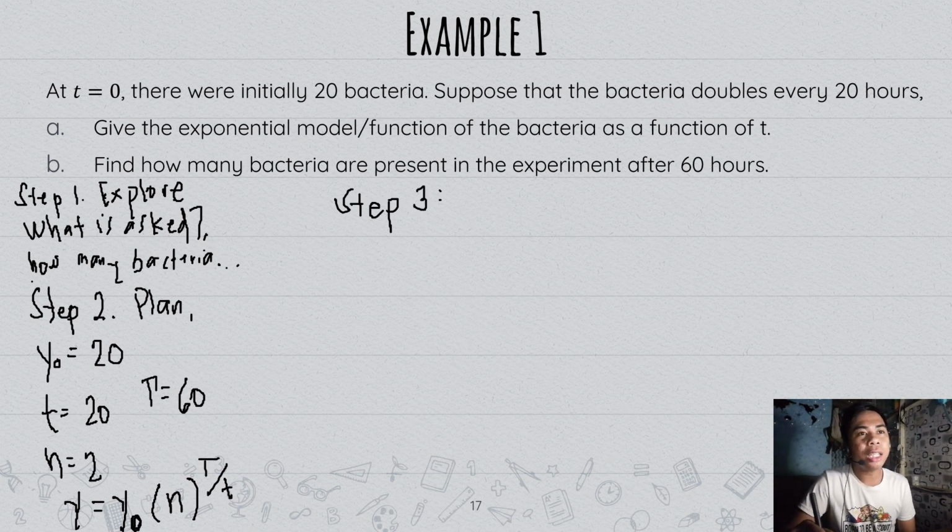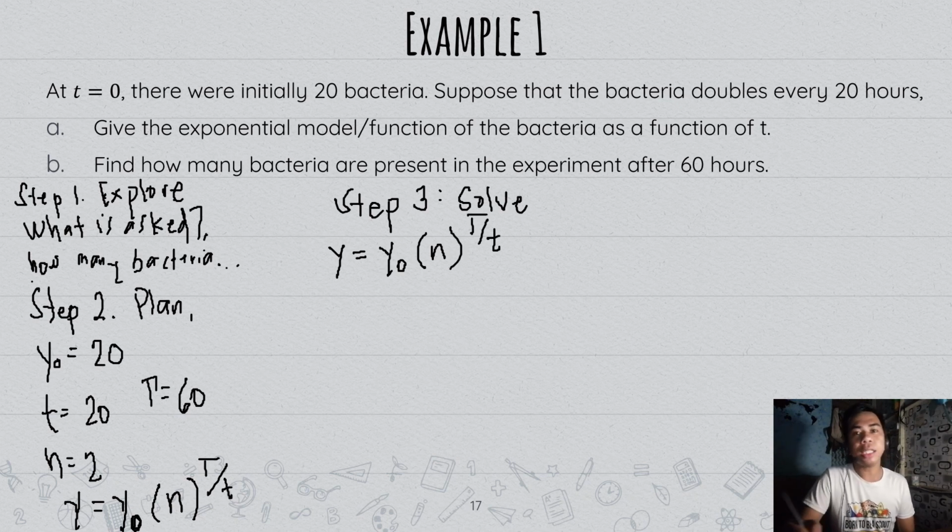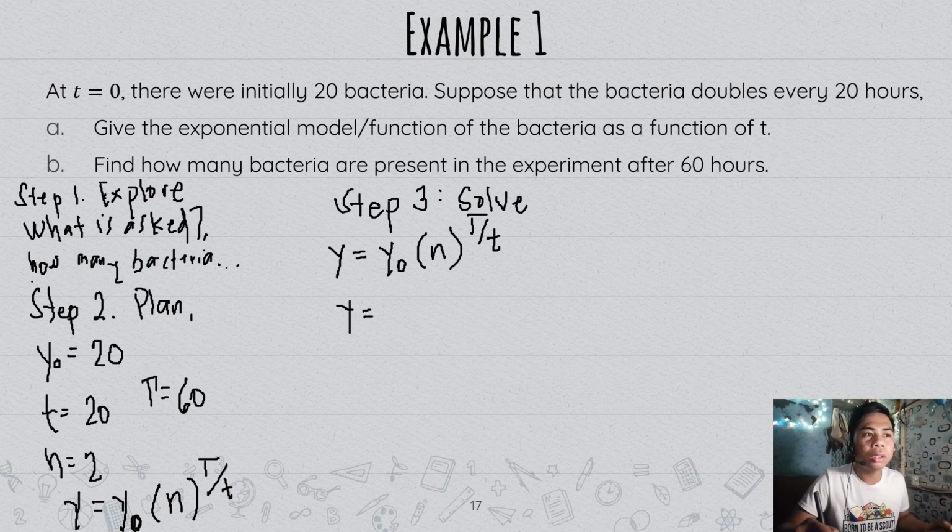Step 3, we need to solve. So how to solve? Of course, all we need to do is to substitute the given to the formula. So we have y is equal to y sub 0 times n raised to capital T over small letter t, and then substitute. We have y is equal to 20 times our n, which is 2, raised to 60 over 20.